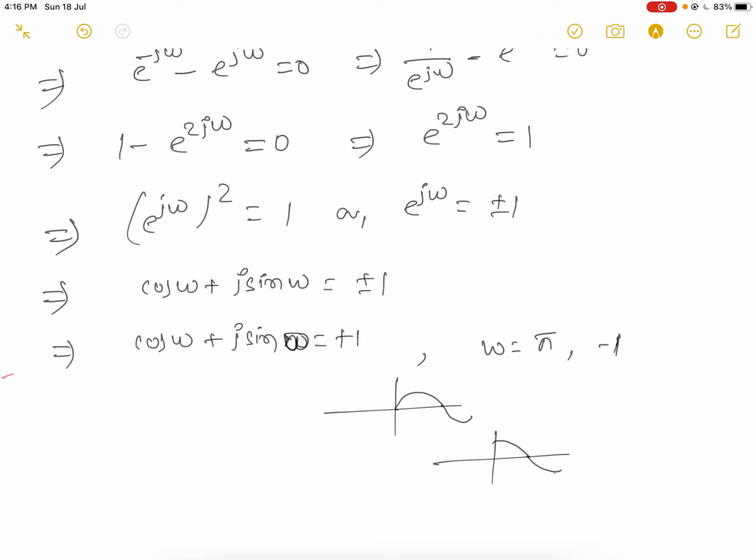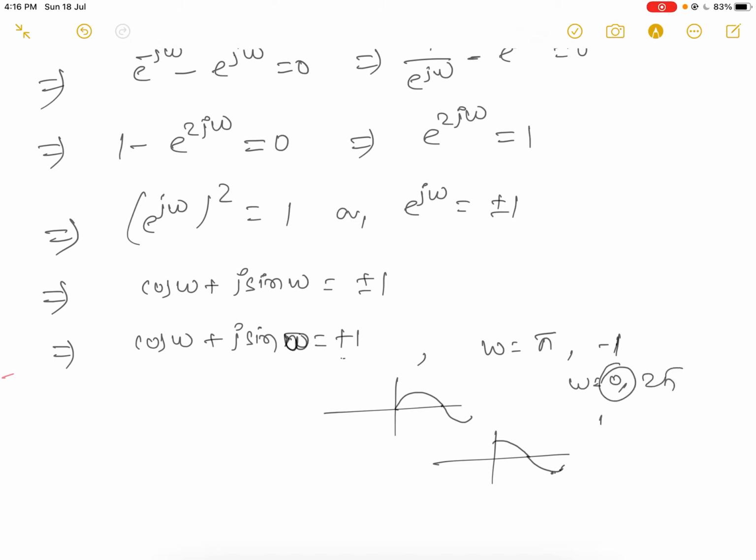0 pi. Okay, here will be the 8 pi, sorry. For 1 we will get omega equal to 0 and 2 pi.